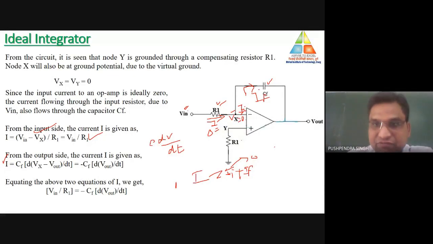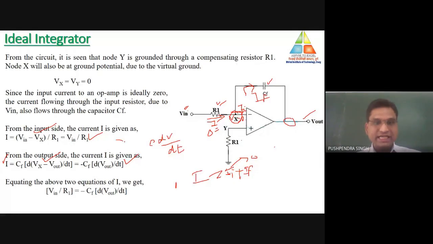At the left terminal, the value of voltage is Vx. At the right-hand side, the value of voltage is Vo. So the value will be Cf into d(Vx minus Vo) divided by dt. And as we know, Vx is equal to 0, so I will be equal to minus Cf dVo divided by dt. So these are the values of the current.